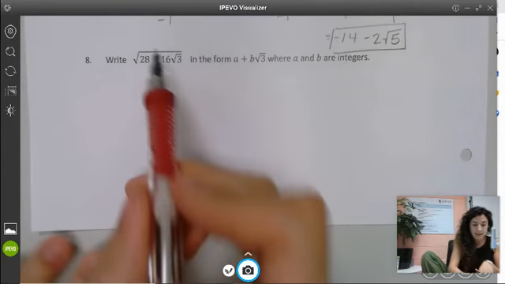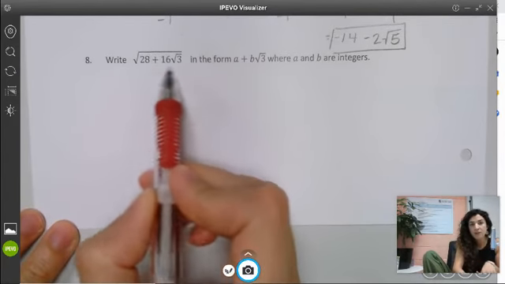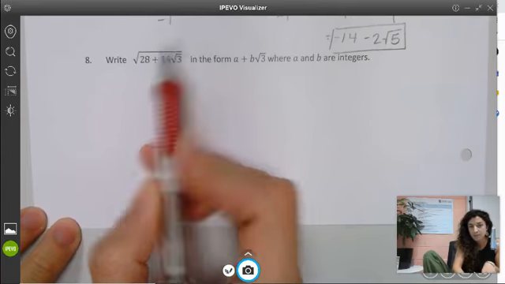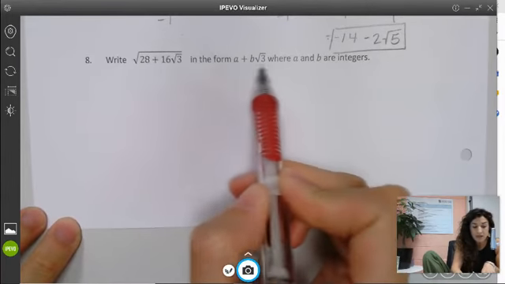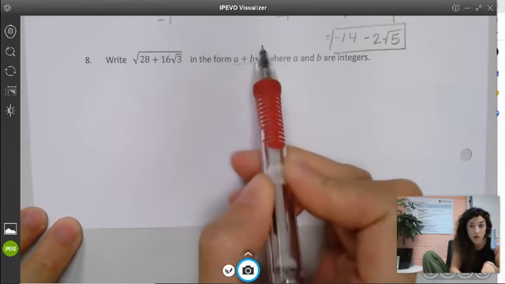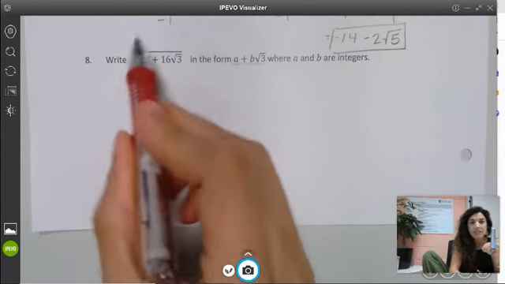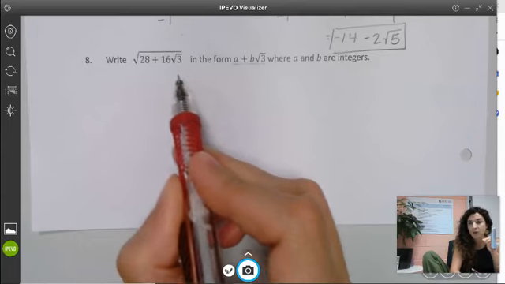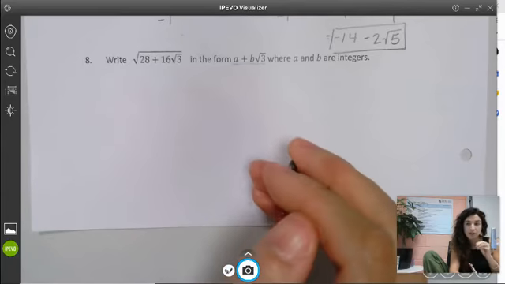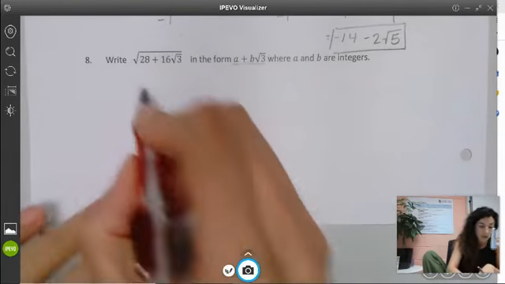So the main idea here is that if we've got a whole square root over this expression, and it can be written in this way with no square root over the top, and a and b are integers, that means that whatever is happening inside of this square root is a perfect square in some way.